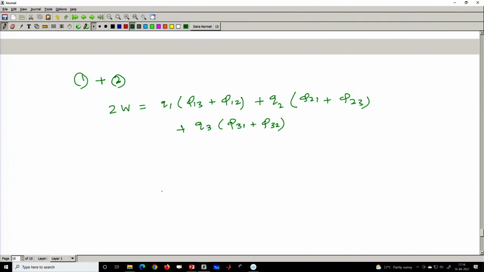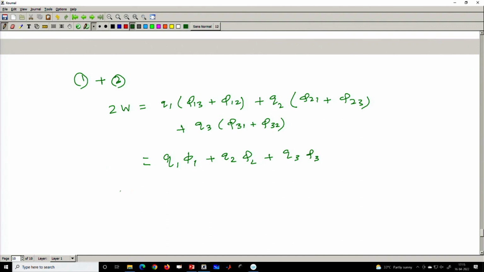So, that quantity is the total potential experienced by Q1. So, I can write it simply as Q1 phi 1 plus Q2 phi 2 plus Q3 phi 3.